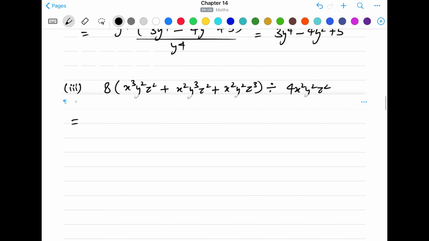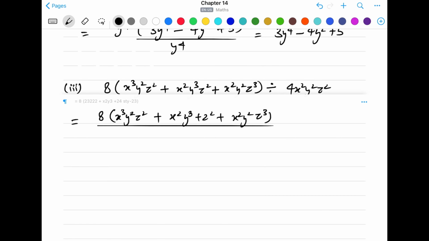So let's first write them in division form. We have 8x cubed y squared z squared plus x squared y cubed z squared, then we have x squared y squared z cubed, which we have to divide by 4x squared y squared z squared.